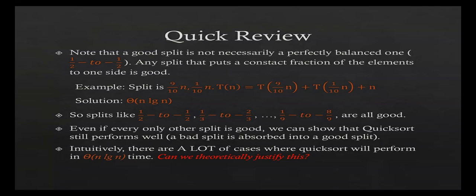So if we can perform this type of split, then quicksort may achieve a good average, and we can get order of n log n instead of n square, right?